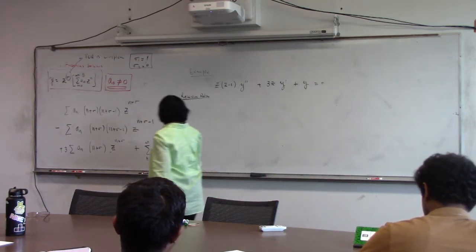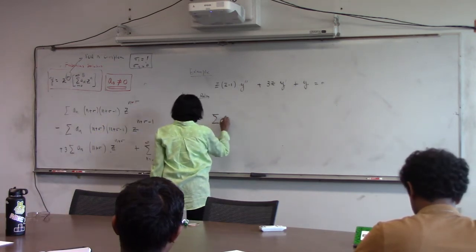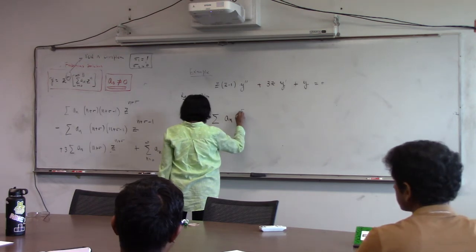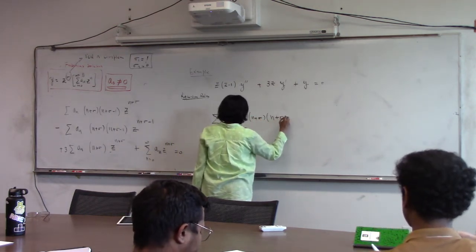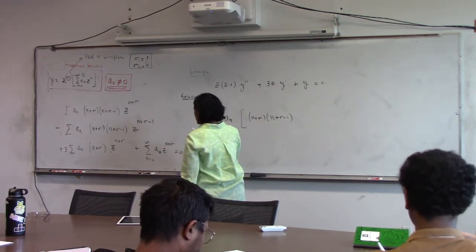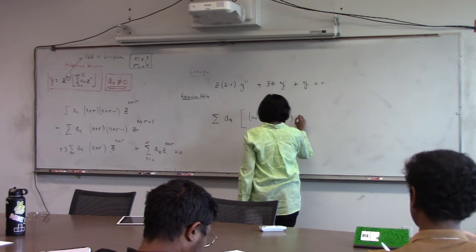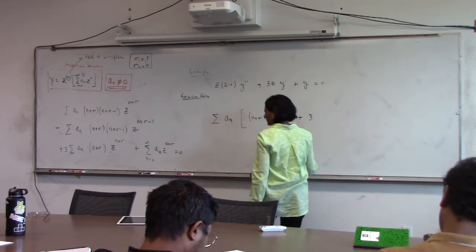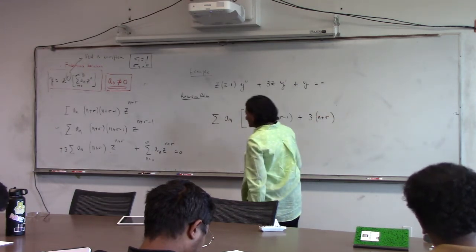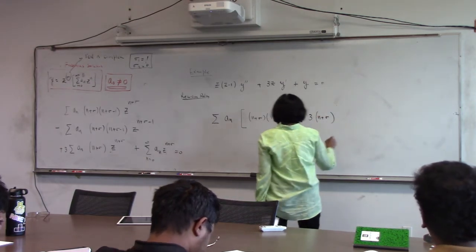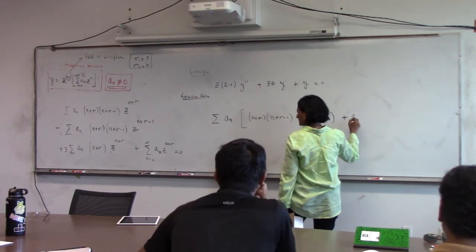Alright, so I can combine all these terms, and so what I have is a sub n, n plus sigma minus 1. Then I have plus 3, n plus sigma, right? That is 3 times plus 1, right?